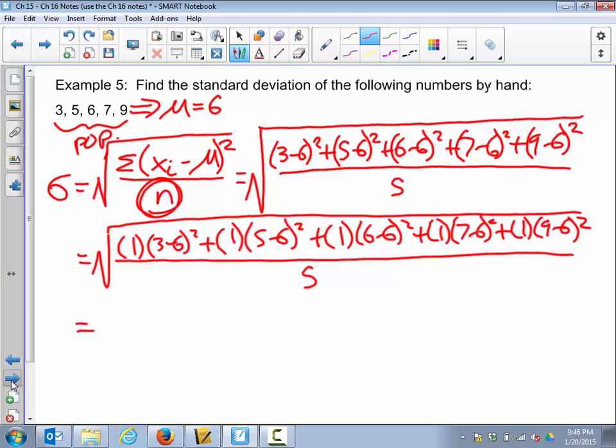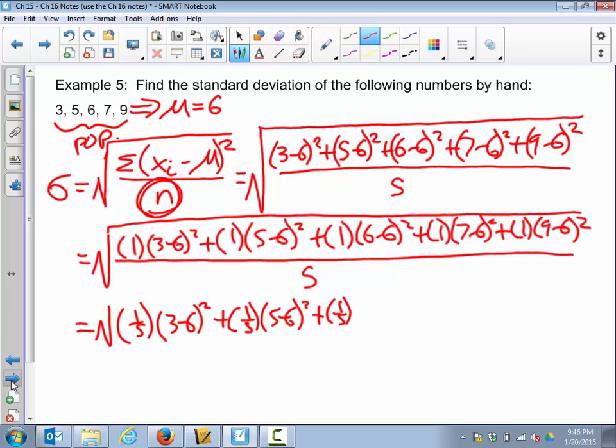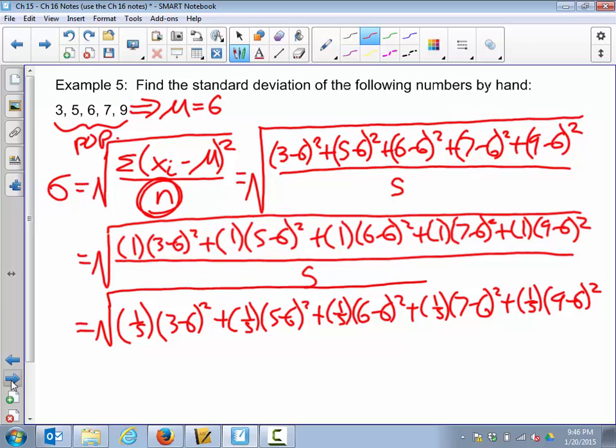All right, and what that means, changing this up a little bit, let's break this apart into lots of fractions. So this is the square root of, I know this is tedious, but I think it'll help to understand what I'm about to show you. 1/5 times 3 minus 6 squared plus 1/5 times 5 minus 6 squared plus 1/5 times 6 minus 6 squared plus 1/5 times 7 minus 6 squared plus 1/5 times 9 minus 6 squared.